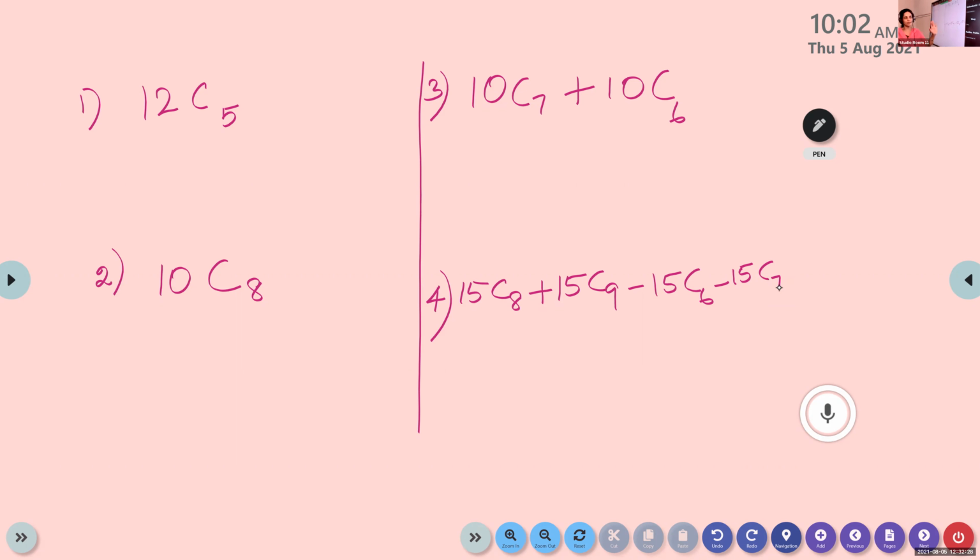Use the properties. We have learned some properties. Try to use the properties so that we can do the calculation easily.